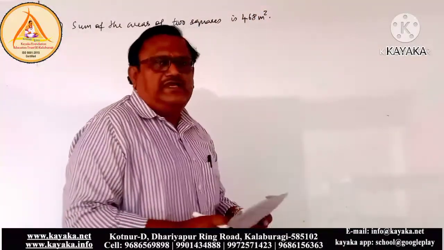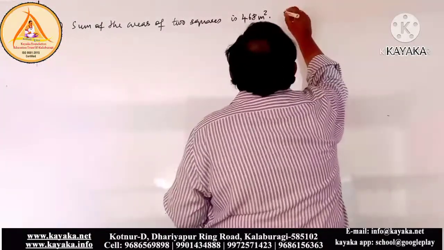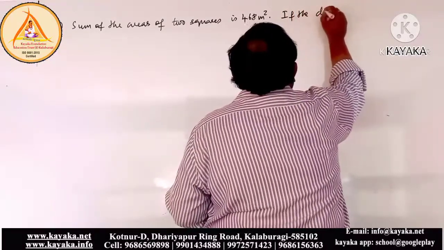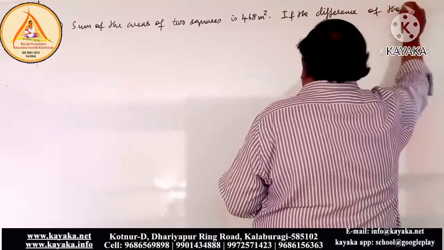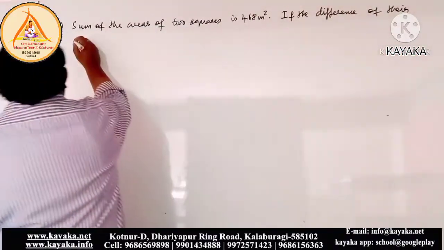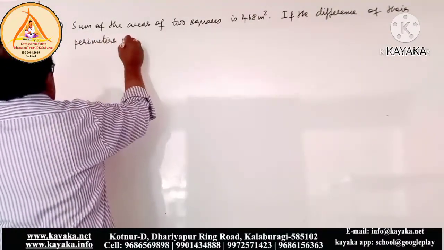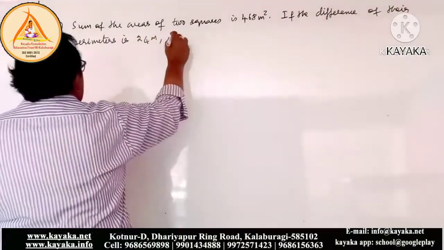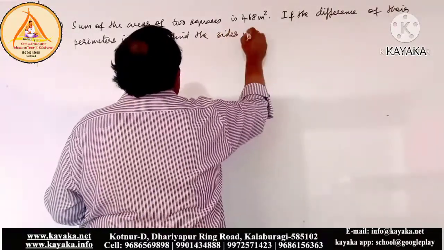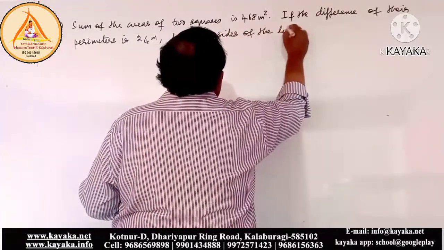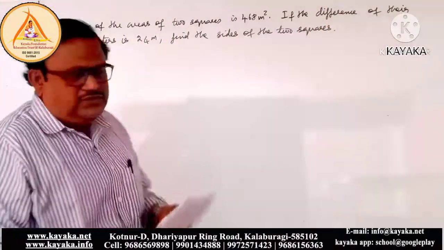If the difference of their perimeters is 24 meter, find the sides of the two squares.